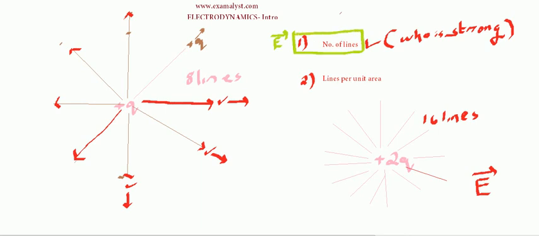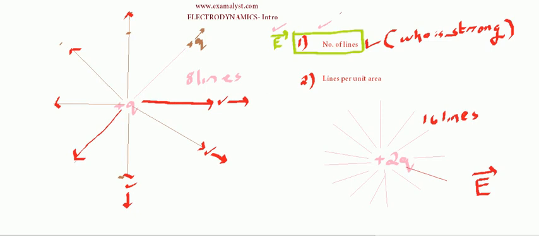If I say that the total number of lines can represent electric field, then it must satisfy all the things that the electric field satisfies. So let us try to understand what things the electric field satisfies.